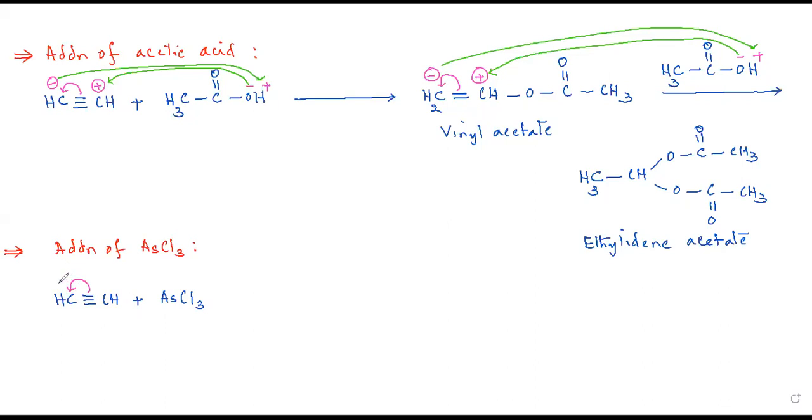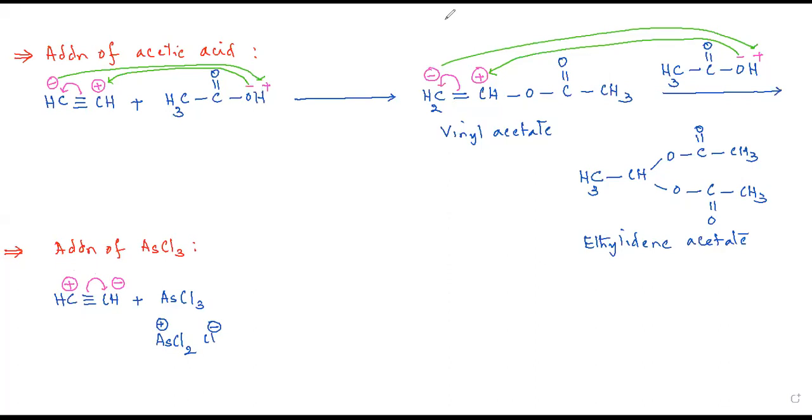Take it this way. Let me show you what arsenic chloride is first. It can be taken as AsCl2 plus, then Cl minus. Now we have to add this Cl minus. Let me take it this way, plus and minus, just for convenience.